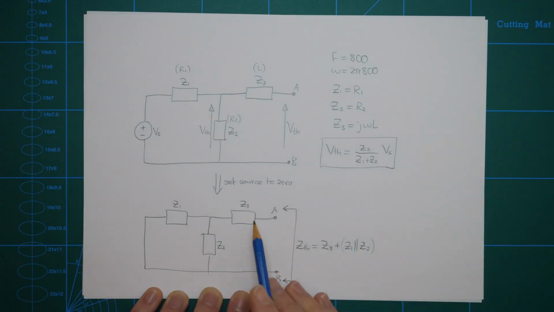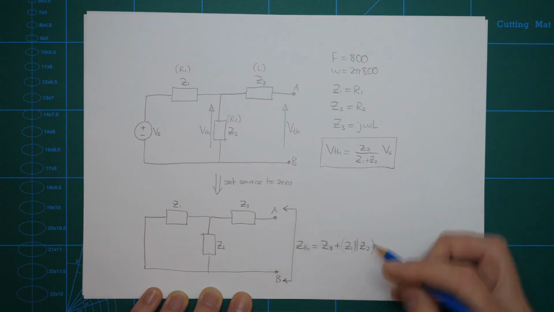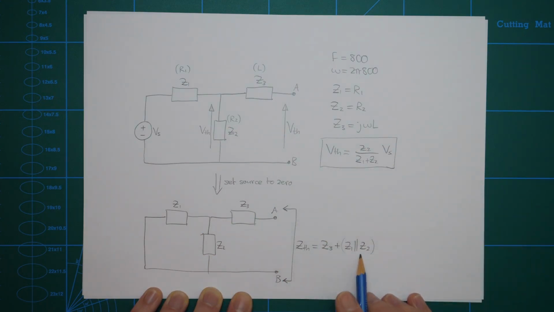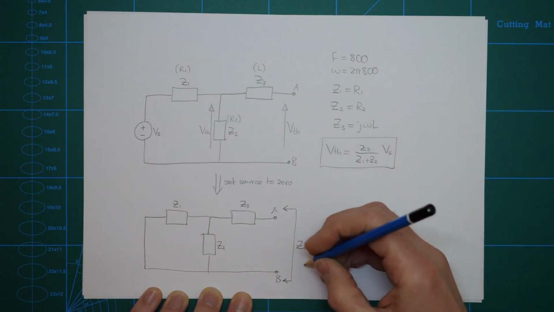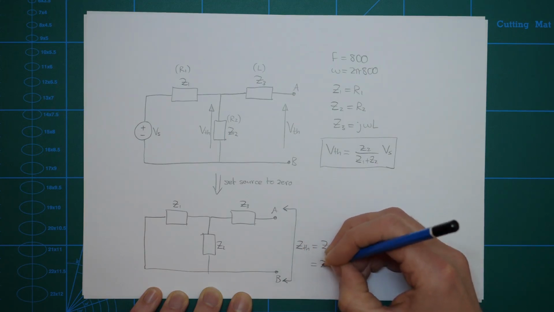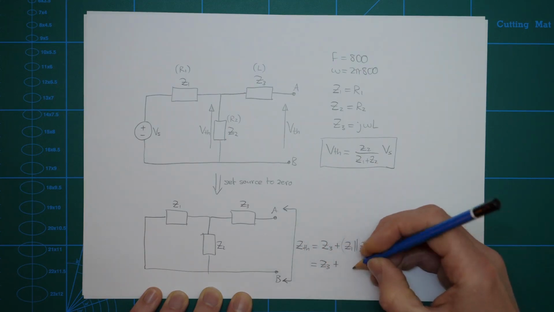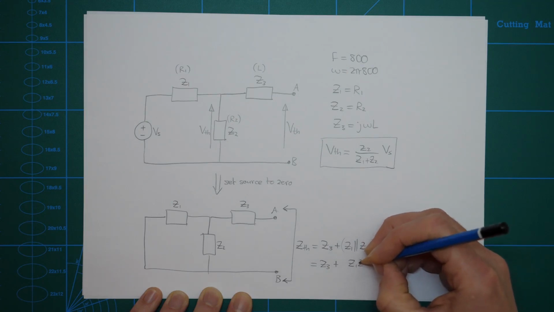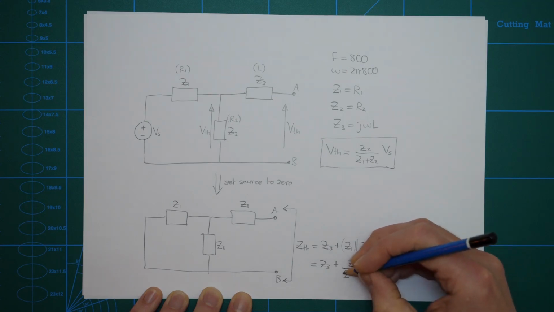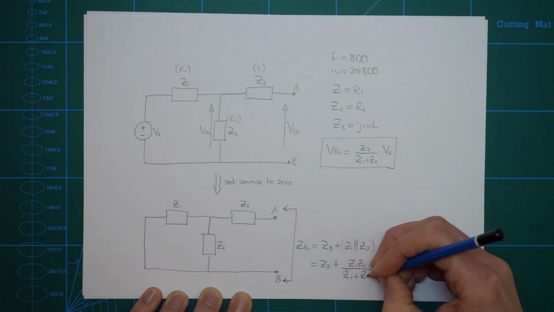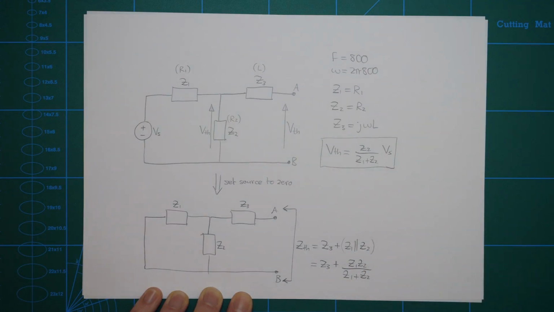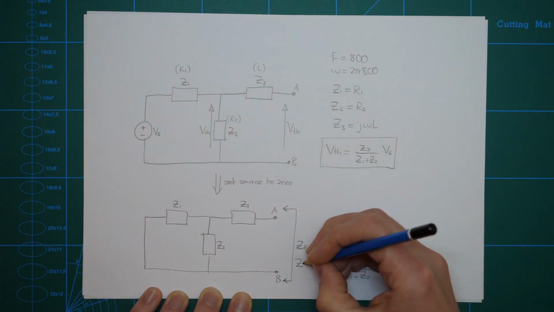So the total impedance here is going to be Z3 plus the parallel combination of these two. Now to combine two impedances in parallel, it's just the same as it would be for resistances. So that's going to be Z3 plus product over sum, just like you would do for two resistors in parallel. And that's going to give us the value of ZTH.